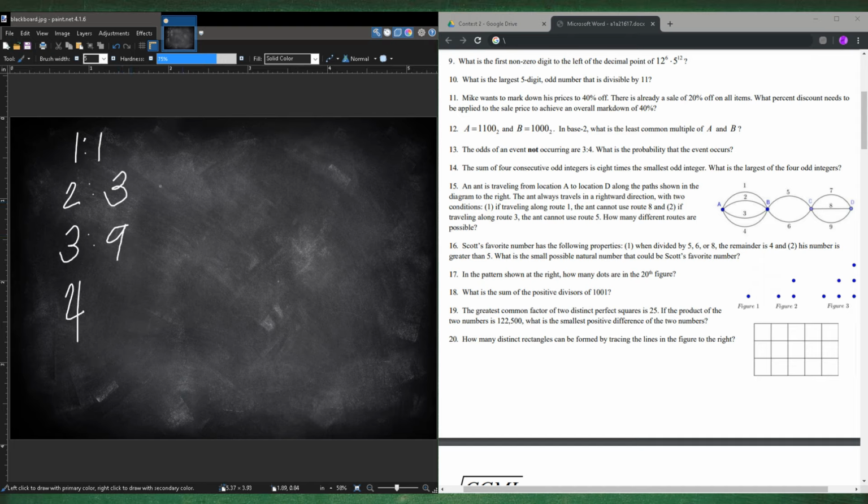If you have figure 4, it's like 1, and then you add 2 of them, and you add another one here, and then for the fourth one, you just add another one. So you have 1, 2, 3, 4, 5, 6, 7, 8, 9, 10.